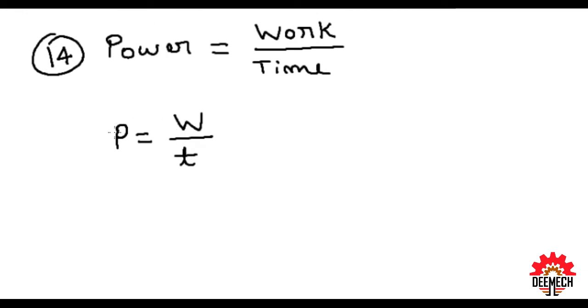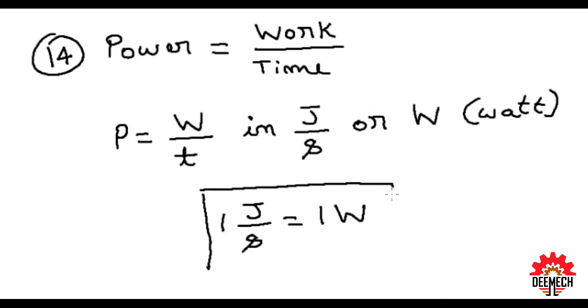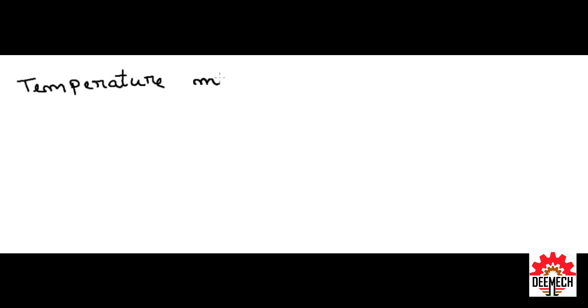Therefore, the unit of power becomes joule per second. Also, the joule per second can be written as watt, denoted with capital W. So here 1 joule per second is nothing but 1 watt. Therefore, we need to remember power is nothing but rate of doing work. It is measured in joule per second as it is work by time, or it can also be measured as watt.